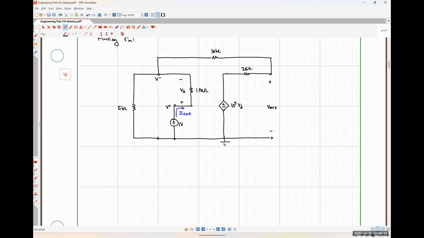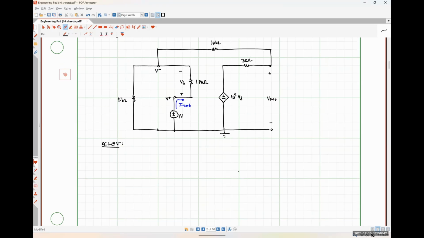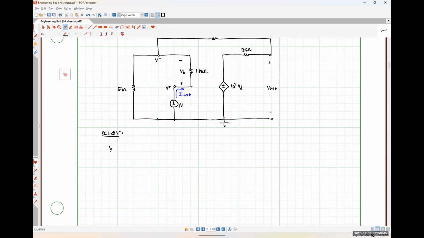And we're going to apply KCL at the inverting input node, which will be the exact same relationship we got before, V minus over 5 kilo ohms plus V minus minus V out over 10 kilo ohms plus V minus minus 1 volt, this over 1 mega ohm is equal to 0.